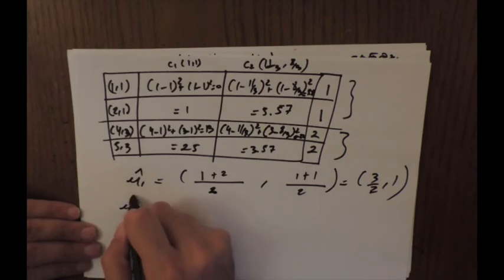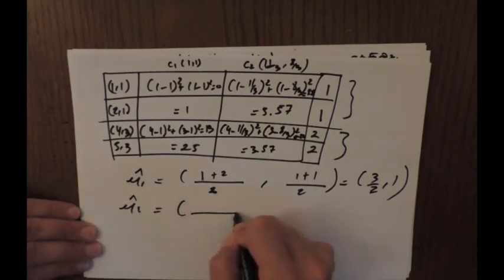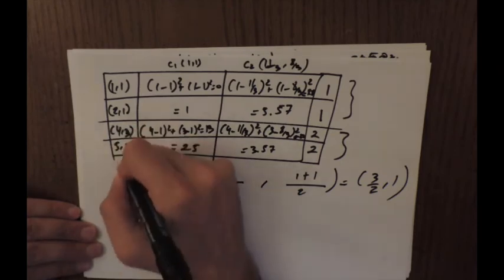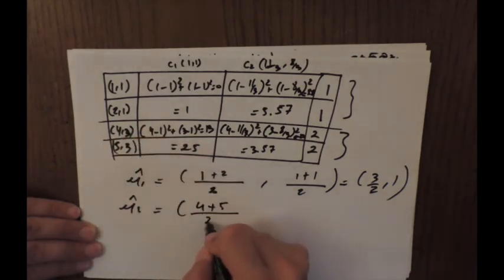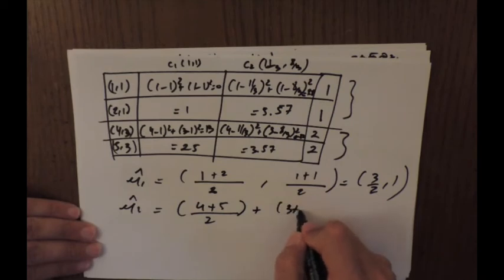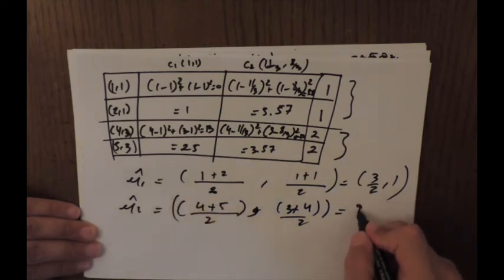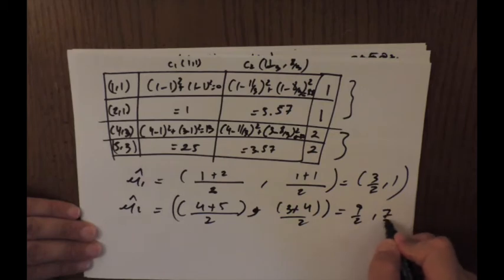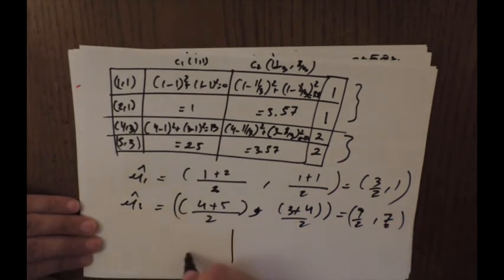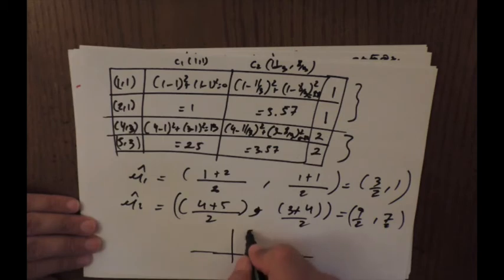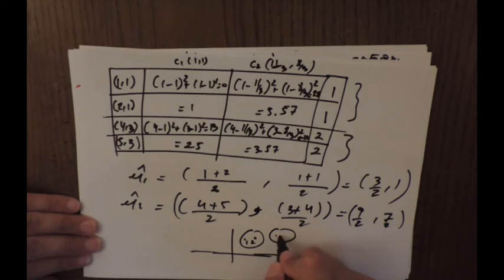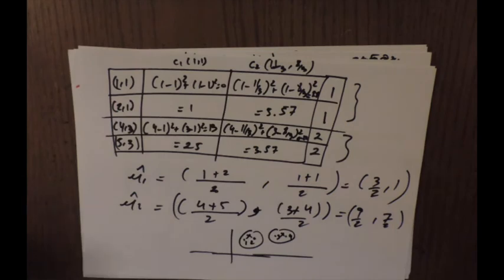And we have mu2, which of course changes, incorporating (4 plus 5) over 2, and then (3 plus 4) over 2, which is going to be (9/2, 7/2). So this means we have two clusters, one containing point 1 and 2, and another containing point 3 and point 4, and of course they have the two means mu1 and mu2.